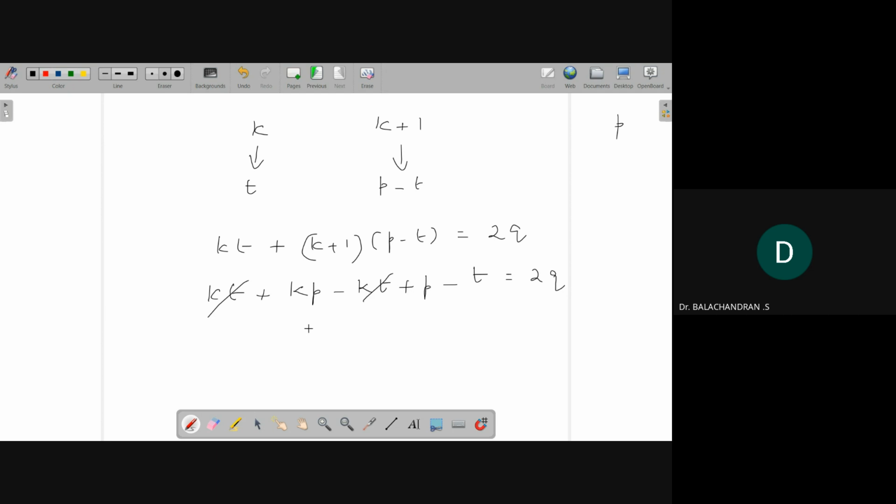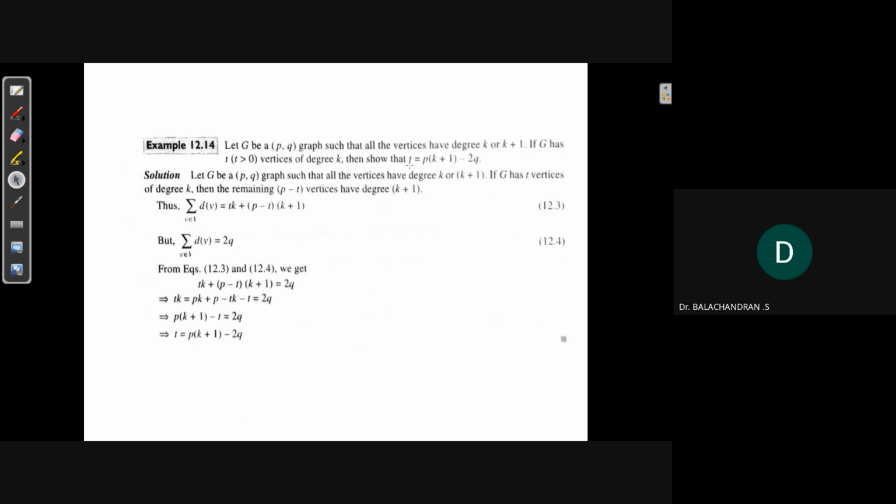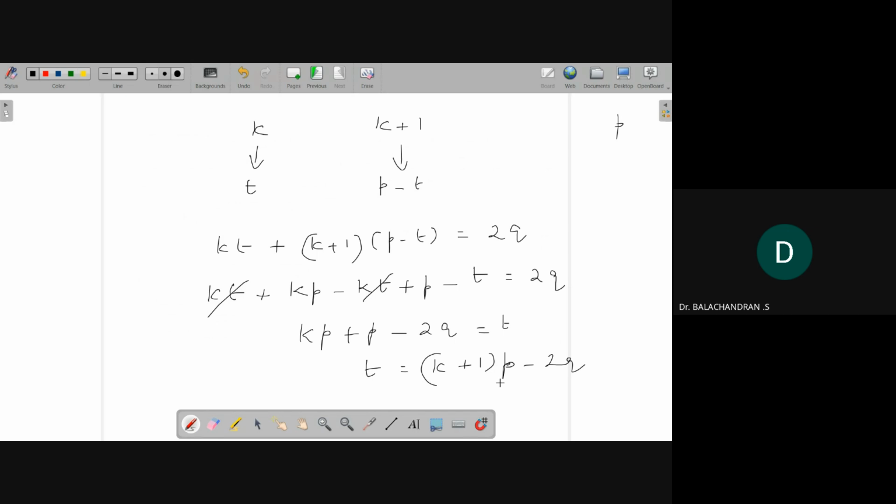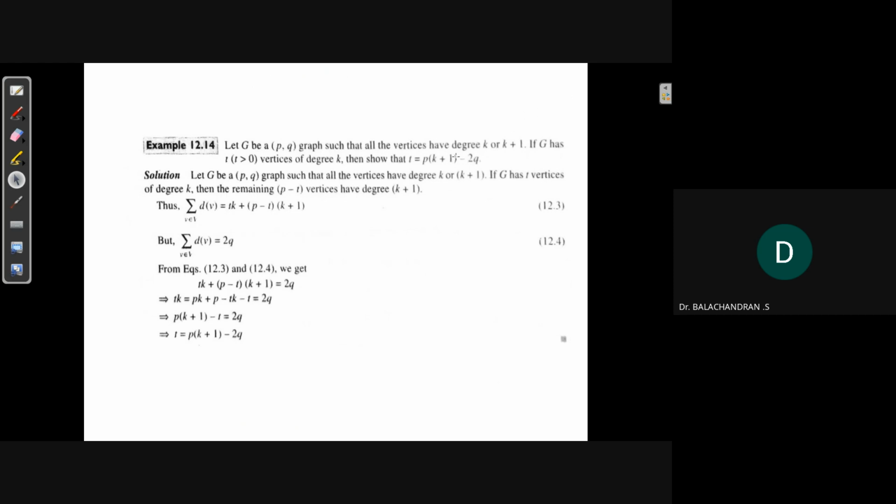So t equals kp plus p minus 2q, so t equals (k plus 1) into p minus 2q. This is the final answer.